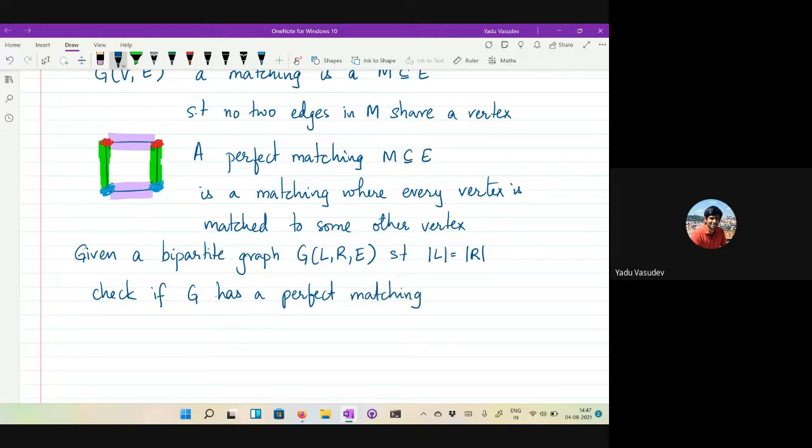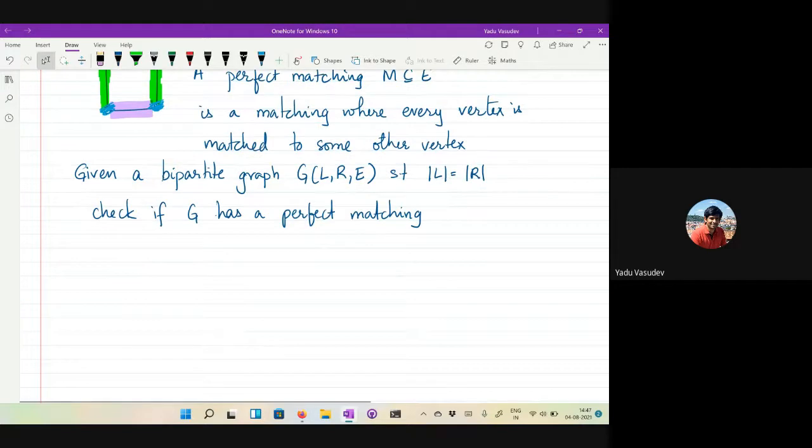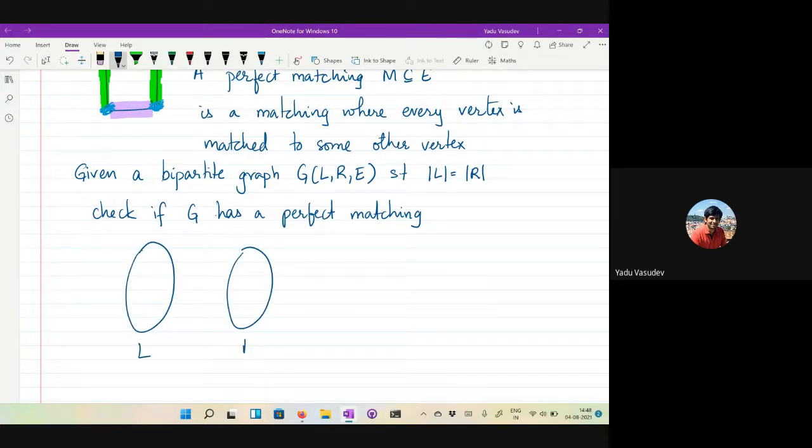Okay. So what does that mean? It means that you have this graph. This is L, this is R, and the edges are all between the left half and the right half. And you want a perfect matching, which means that every vertex has to be mapped to some other vertex on the other side. Right? You want to check whether this graph contains a perfect matching or not.